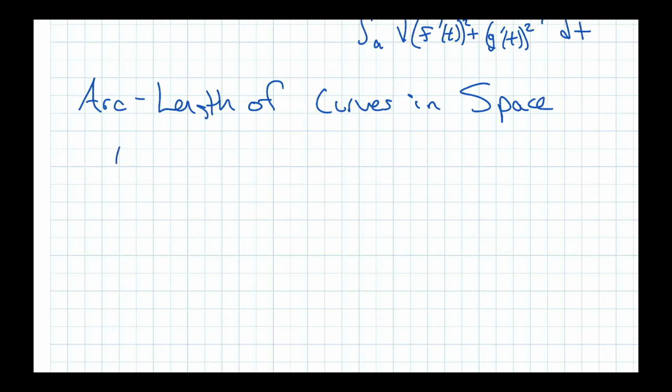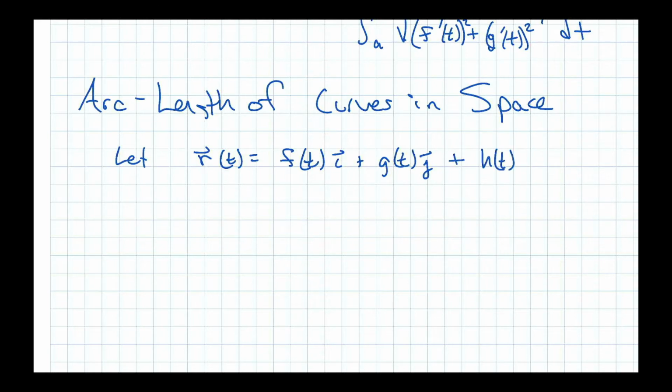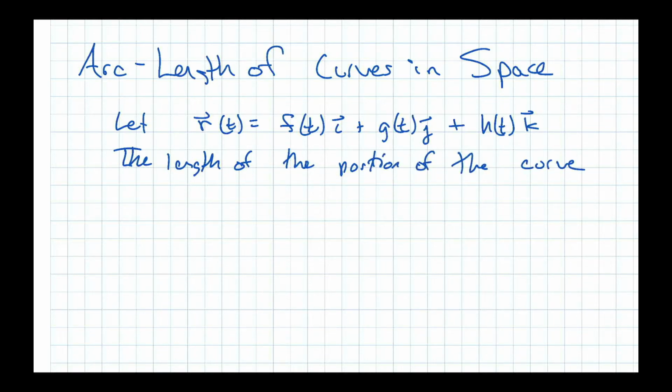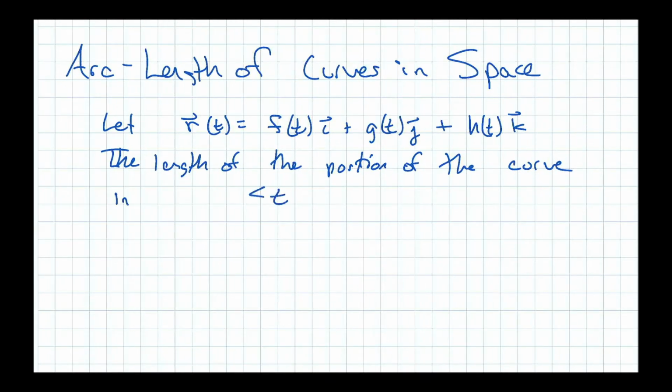So let r of t be a curve, so we've got f of t i, g of t j, h of t k. Then what we'll say is that the length of the arc, the portion of the curve in t between some starting t value and some ending t value.